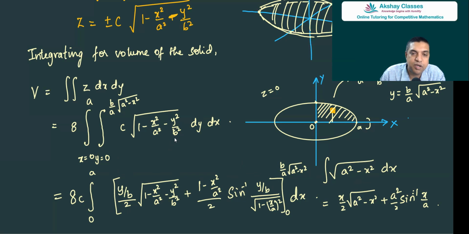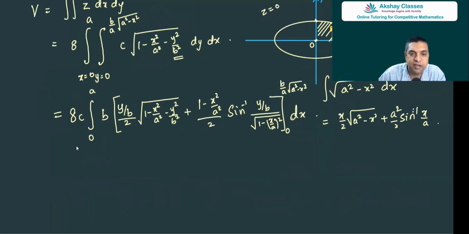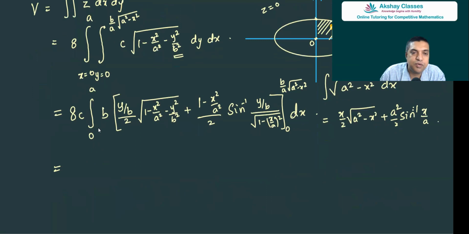So 1 by b will give me b, right? Because of this coefficient. So we have to be very careful doing the integral for this. Take 2 and 2 common, bring it out, and it becomes 4 bc integral 0 to a.